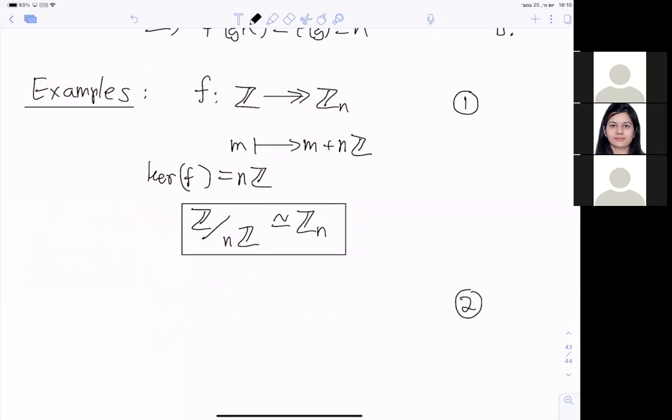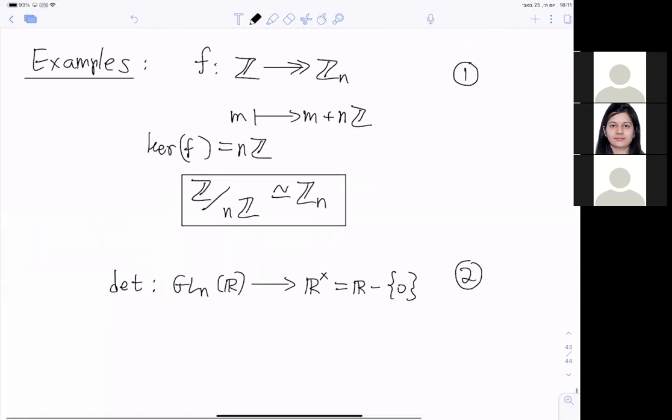Let us see another example. Think of f, this epimorphism from GLn(R) to R without 0, the determinant of a matrix.